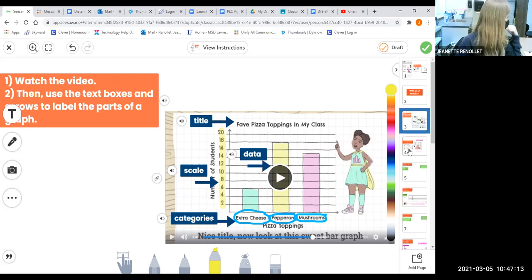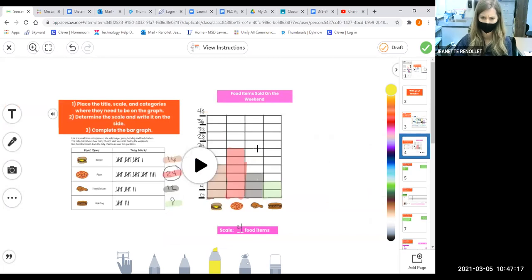Okay, let's go to slide number 4. In this slide, we will watch a video. Ms. Sharp is going to model how you can make a graph. She's going to show how to put the title, how to put the categories, how to come up with a scale.